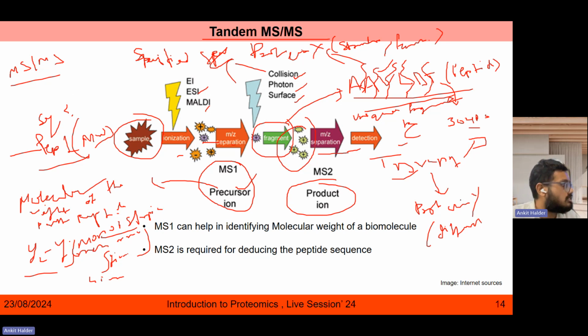Okay, so this led to the term tandem MSMS, or MSMS fragmentation, or MSn fragmentation, that you could see, that is the MS2 level of fragmentation.